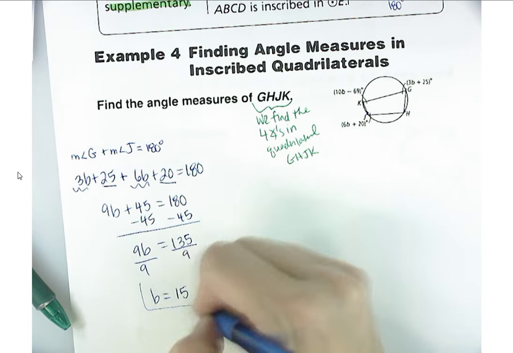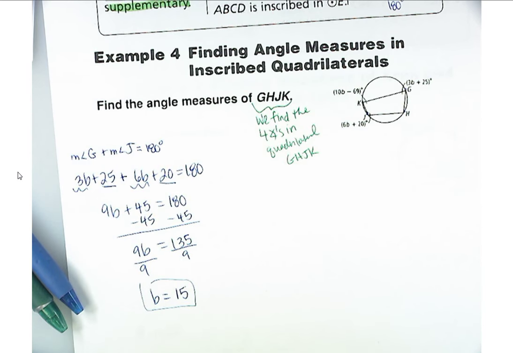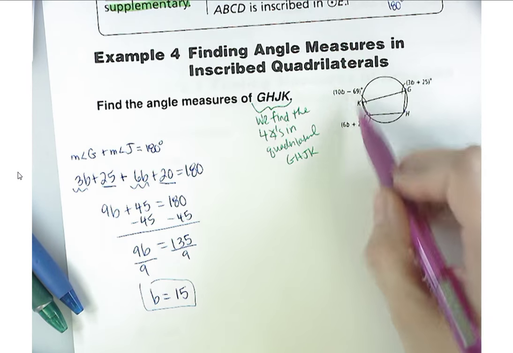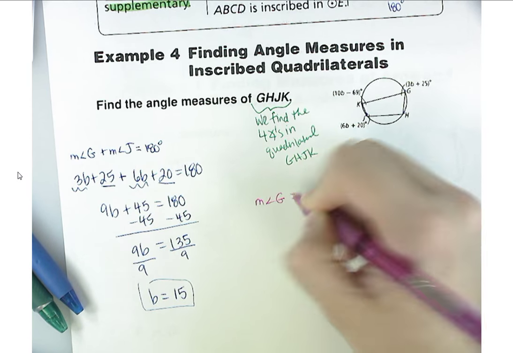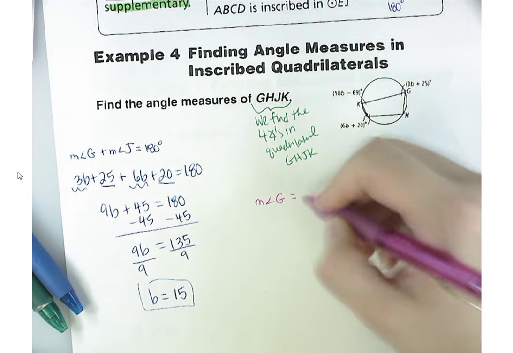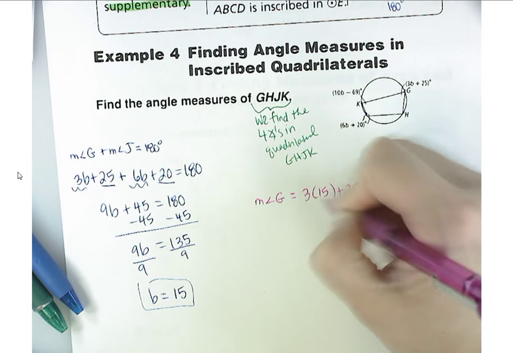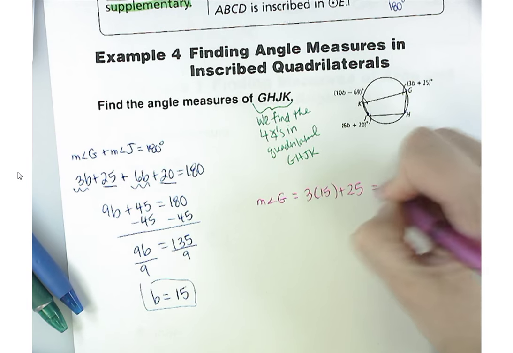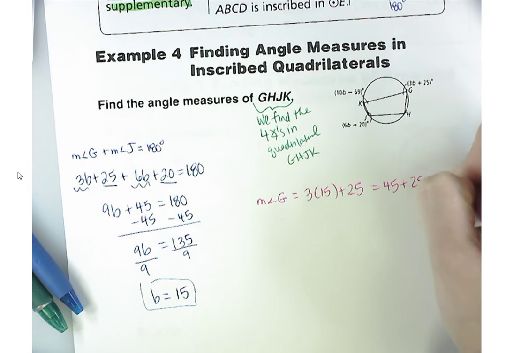Now that I know that B is 15, I can find all of these. I can find the measure of angle G, which is 3B, so 3 times 15 plus 25. What's 3 times 15? 45. 45 plus 25 is 70.